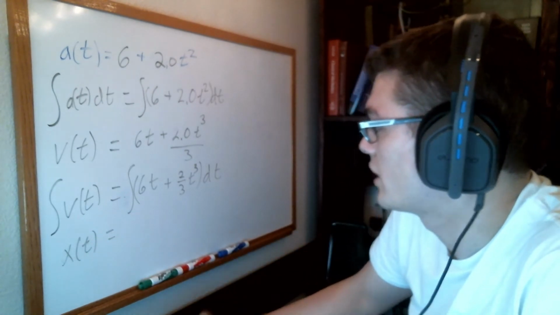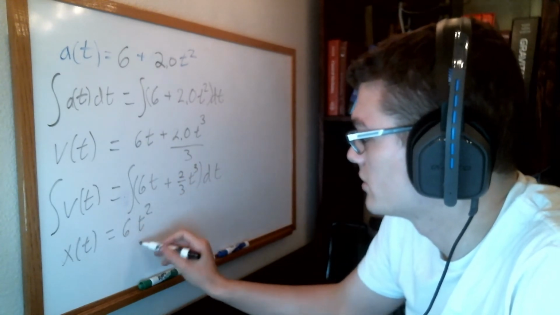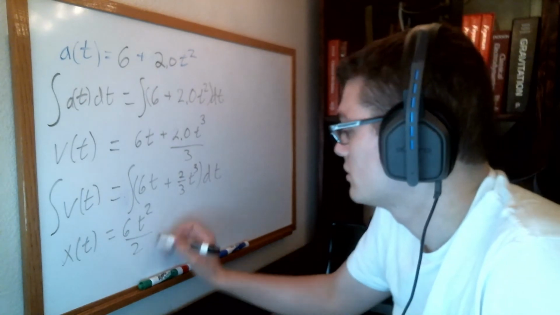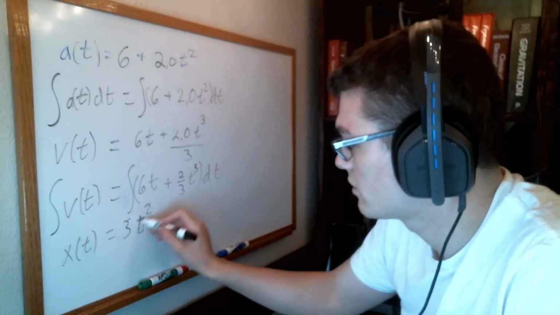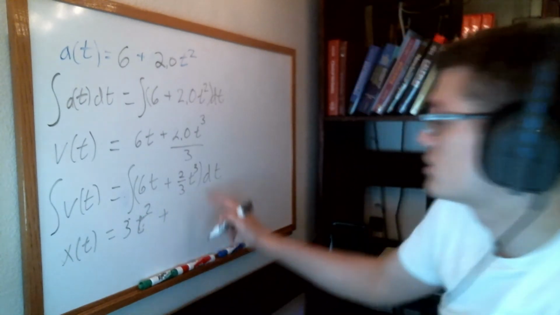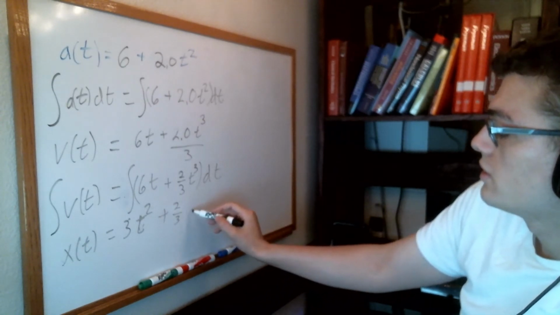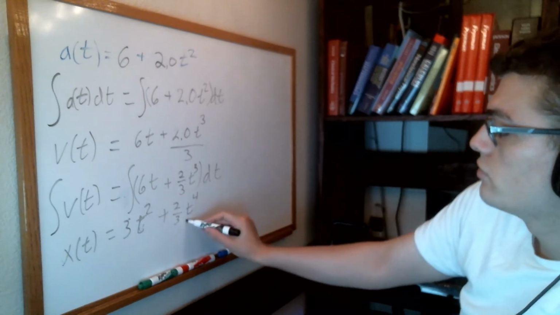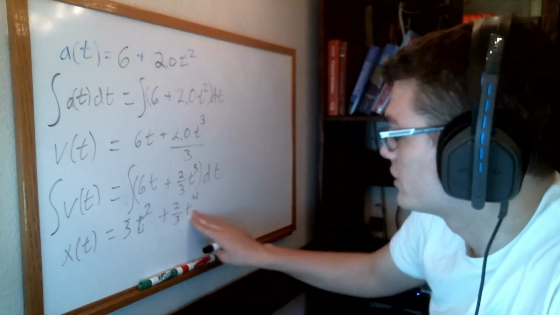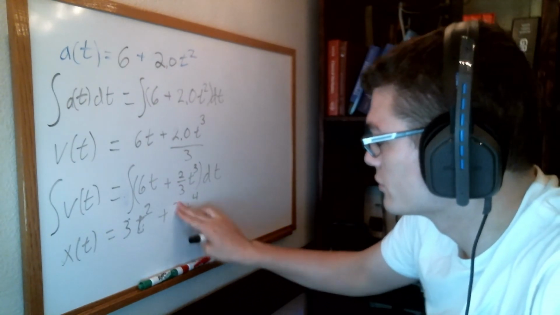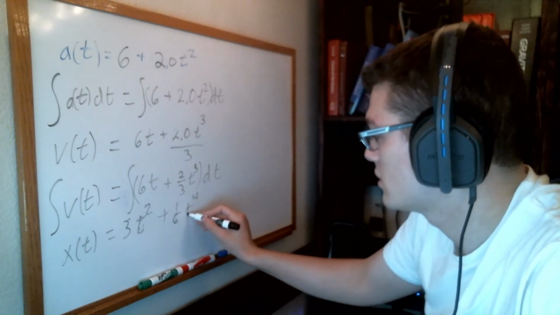This is going to be t squared, keep the 6 in front, divide by 2, so we can get rid of this and put a 3 in the front. And then we can take this 2/3, and this will be t to the 4 over 4. And so now all we have to do is put our coefficients together. So this is going to be 2 over 12, which is going to be 1 over 6. And so there we go.